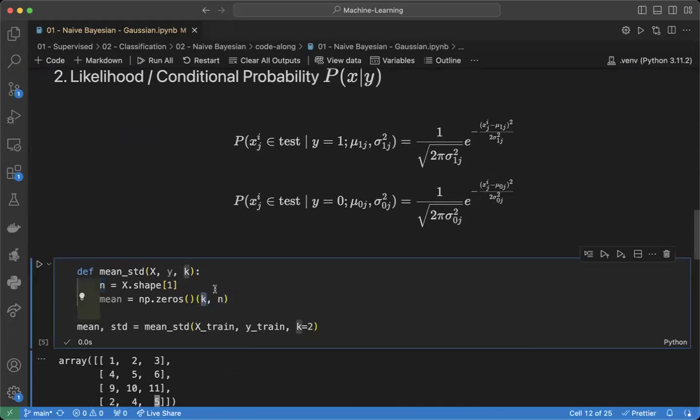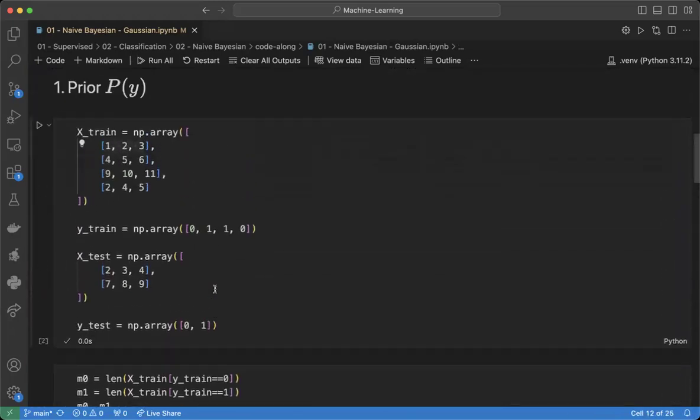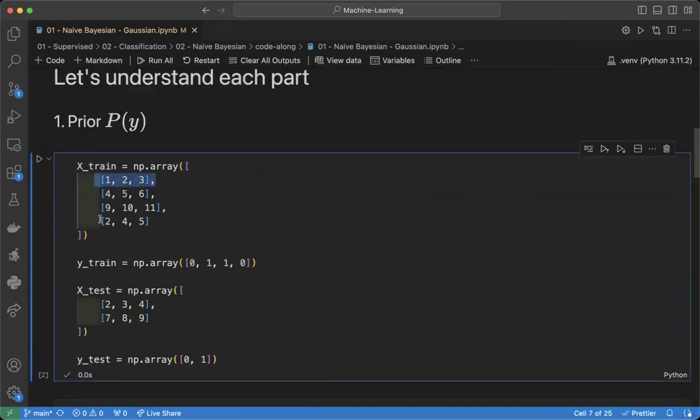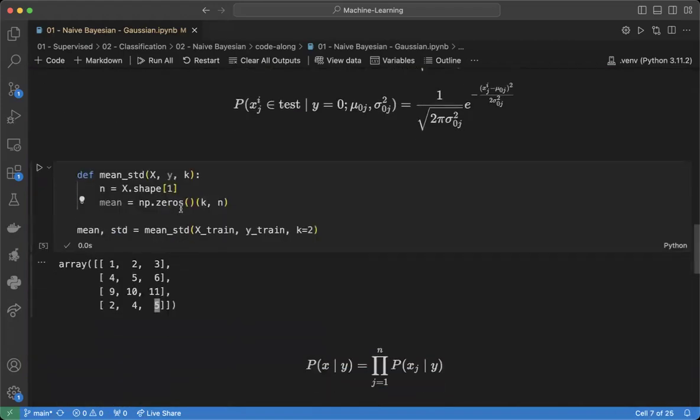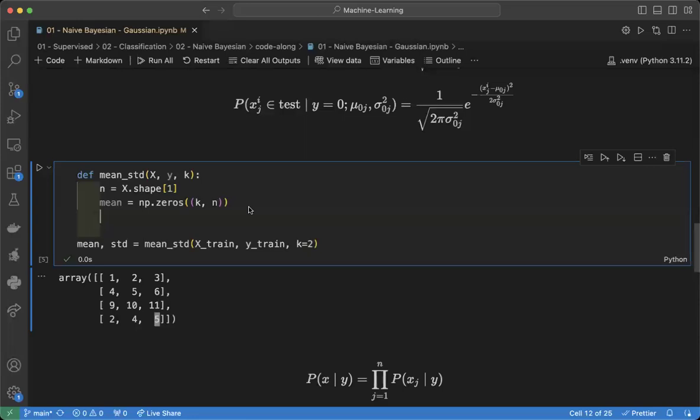We have k of that, because we have to do it for class 0, and we also need to do it for class 1, right? For the mean. So this could probably be the right shape for us, right? How about the standard deviation? It's the same.